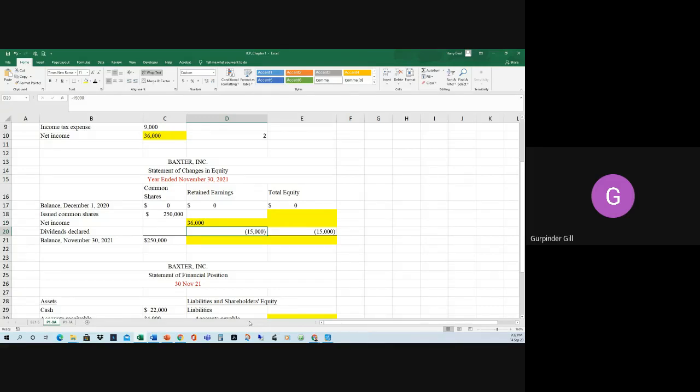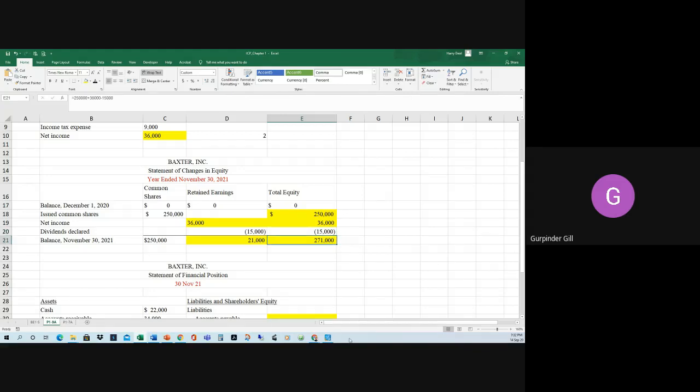The income is going to increase your equity in the business, and dividend is the money that the business pays to the shareholders, so that is going to reduce your equity. Your beginning retained earnings was zero. We earned income of $36,000 and we paid $15,000 in dividend, which means our remaining retained earnings in the business at the end of November 30th, 2021 is $21,000. Your equity item is just an addition, so we have just thrown an addition formula for those rows. Nothing fancy.